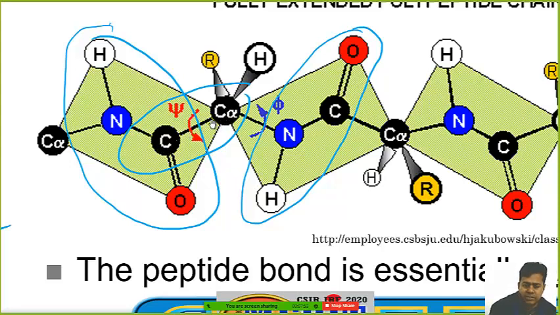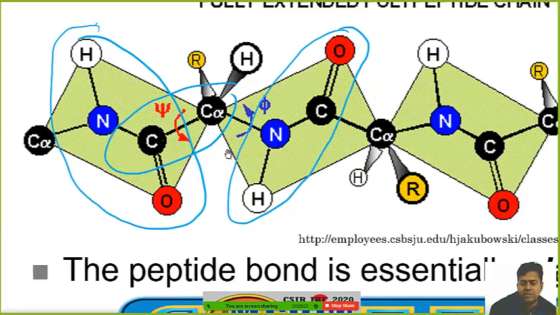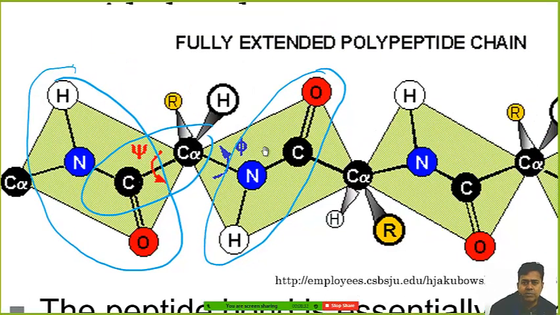So C alpha is the one kind of interaction where rotation is possible. R and H are going to rotate. Another is C alpha N, right? So if one chain is fixed, the other can move. If the other chain is fixed, one can move. Both simultaneously cannot move. So Ramachandran observed that these rotations are predictable, okay, and their angle can decide the stability of the bond, the stability of the polypeptide chain.